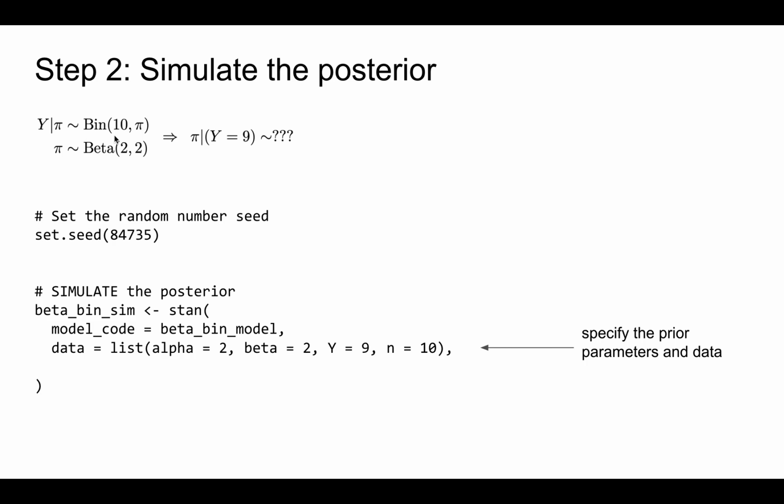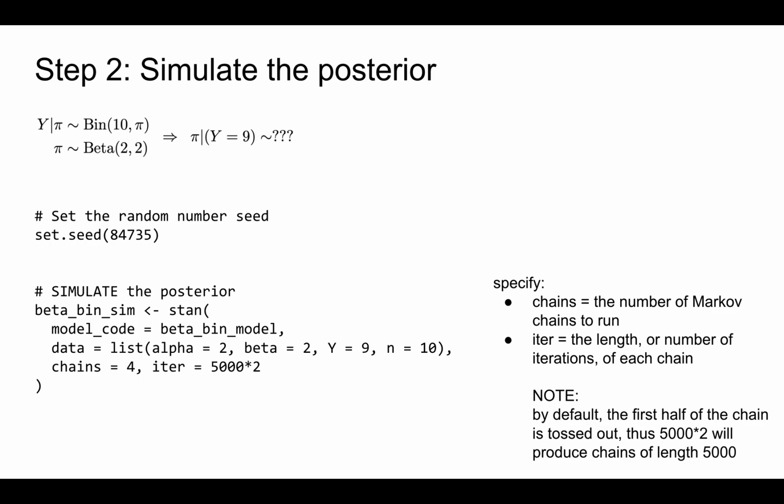Beyond information about the model structure and data, stan also needs information about the Markov chains themselves. To this end, we specify 2 arguments: how many chains to run and how long each of these chains should be. First, for reasons we'll discuss in the future, here we want to run 4 separate or parallel chains, so chains equals 4. Further, we'd like each chain to be run for 5,000 times 2, or 10,000 iterations, or steps.